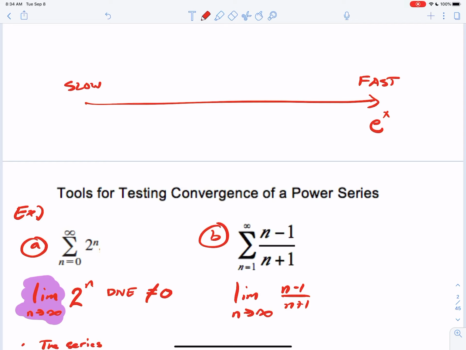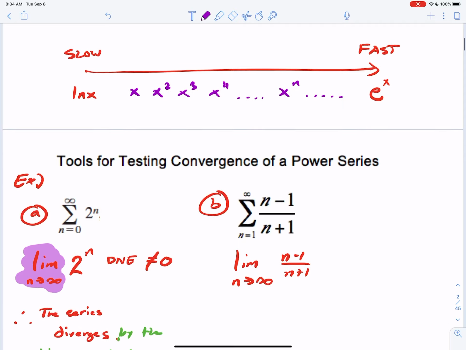Now, the inverse would perform as the slowest function, which is the natural log of x. Okay? Everything in between, such as x squared, x cubed, x to the fourth, x to whatever power, right?